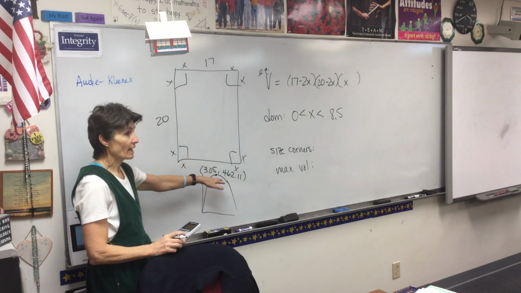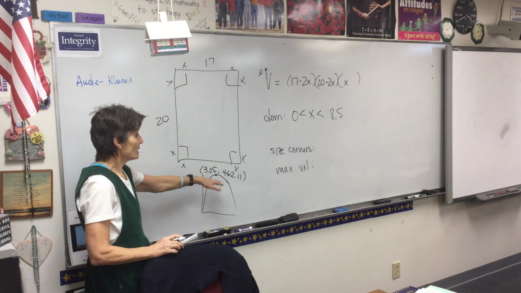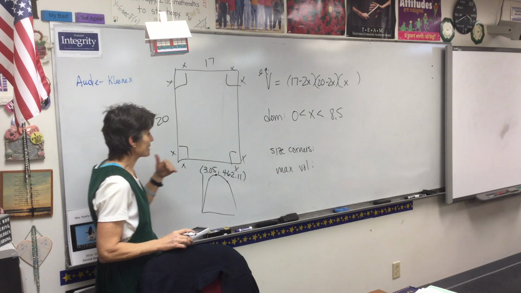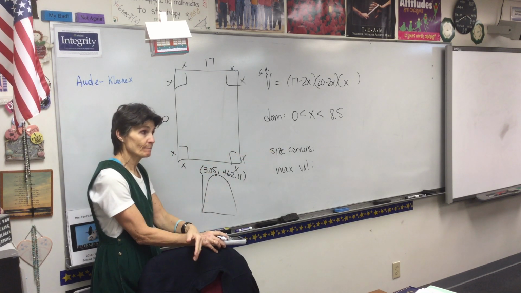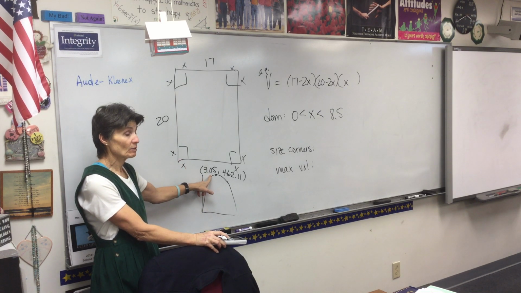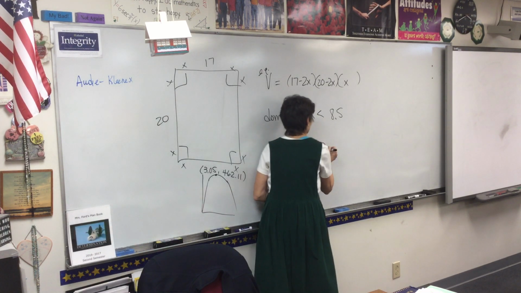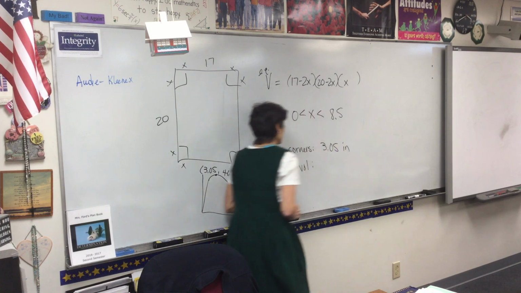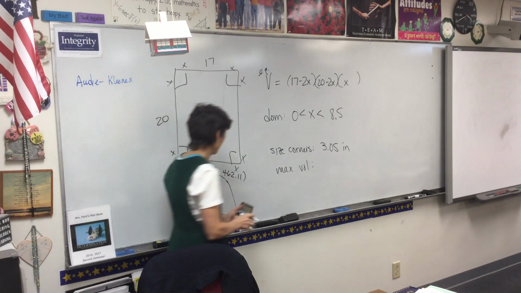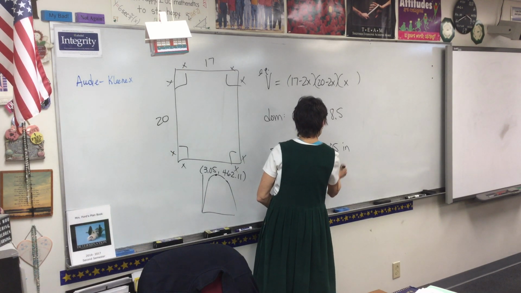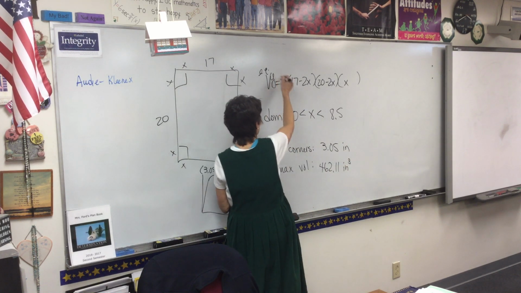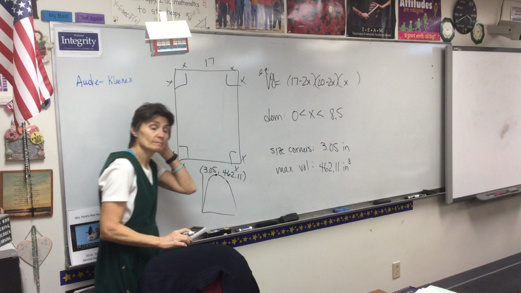That's what I got when I did my maximum on my calculator. So if the question says, and you just have to read it, find the size of the corners, then that would be your x value. Those are the corners, so that would be 3.05 inches. If it said, what is the maximum volume, that would be the 462.11, and that would be cubic inches, because volume was the y you put in. Volume was your y.